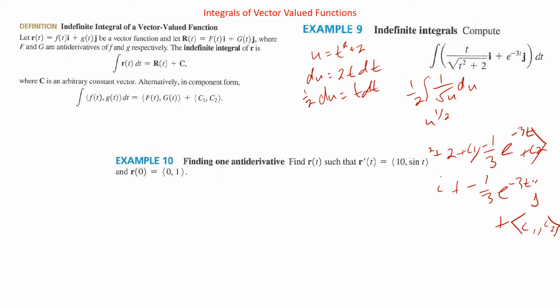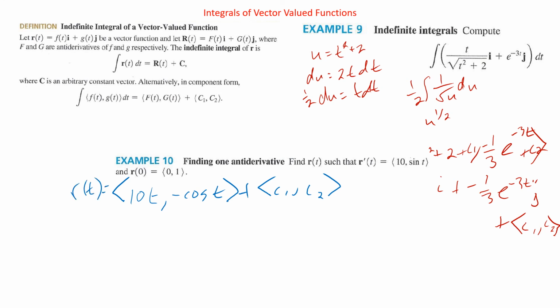So the antiderivative of 10 is going to be 10t, comma, the antiderivative of sine is going to be negative cosine t, plus C1, comma, C2, because we have that constant that we have to add, and this is going to be r of t equals this.